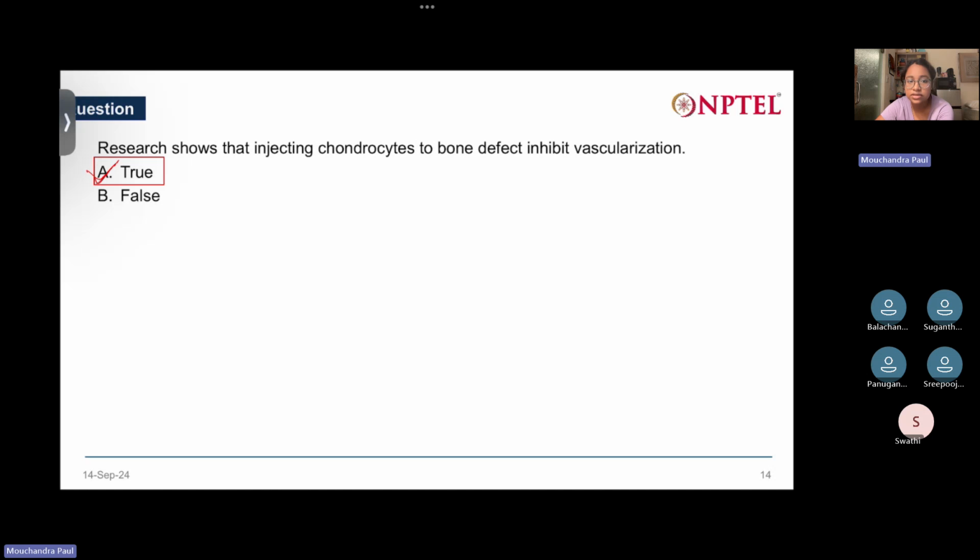Then these MSCs give rise to a form of differentiated cell. What is that differentiated cell called? A. Osteogenesis, osteoclast. B. Osteoinduction, osteoblast. C. Osteoinduction, osteoclast. D. Osteoconduction, osteoblast. Which of these options will fit correctly and make sense of this statement?